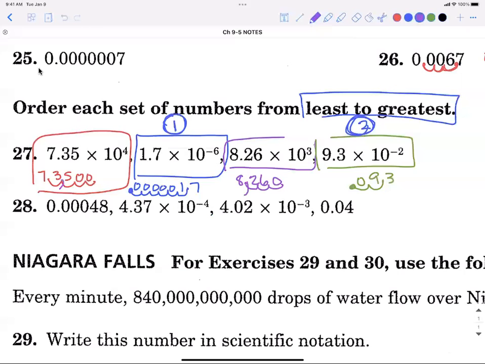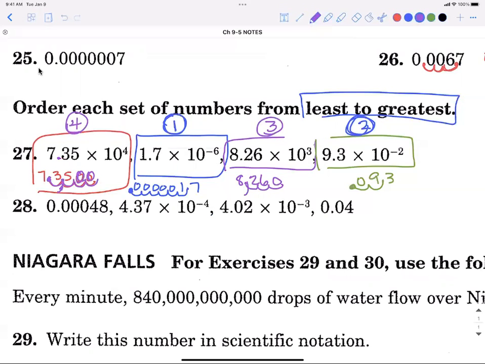But did we move 4? From here, we moved 1, 2, 3, 4. So we had to add 2 zeros, which makes it 73,500. You see it? Purple's the next one because it's 8,000 something. And then 73,000 something is going to be the next one.